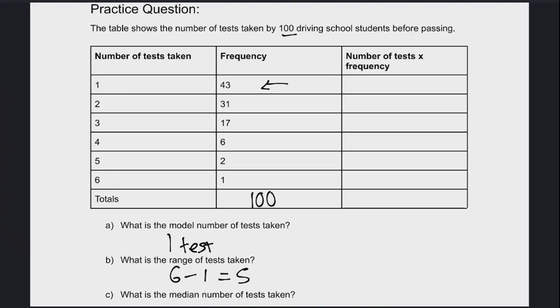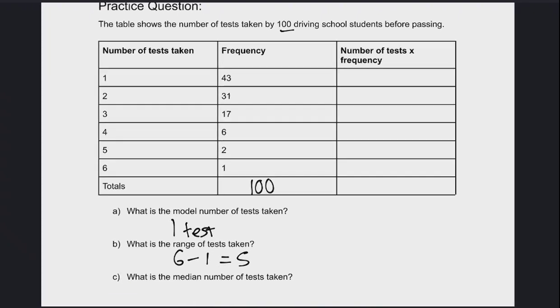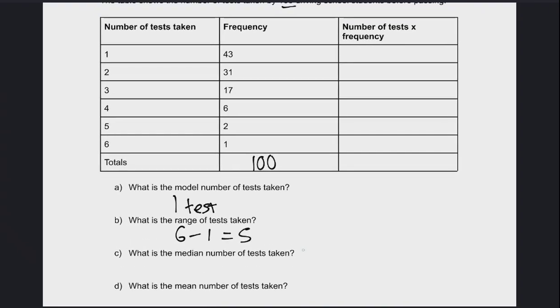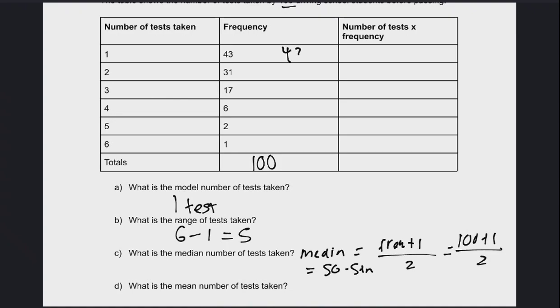And then the median number of tests. So where does that median number lie? Well, median is equal to frequency plus 1 divided by 2. Frequency is 100 plus 1 divided by 2. So the median is going to be the 50.5 value. So let's work out where that is. So for the people that took 1 test, that's 43.